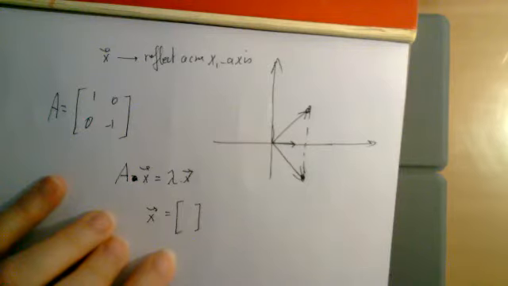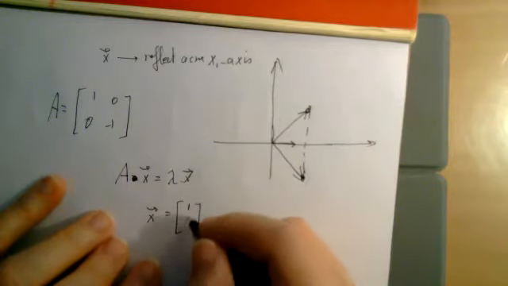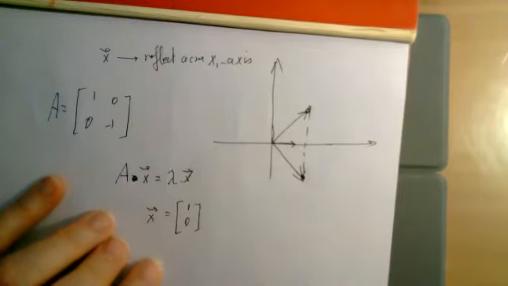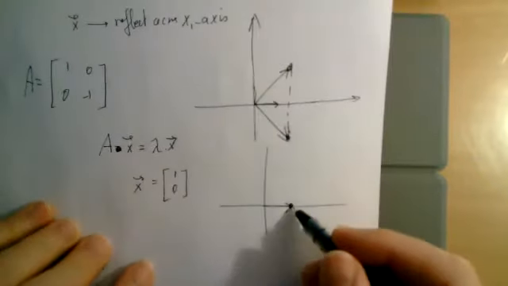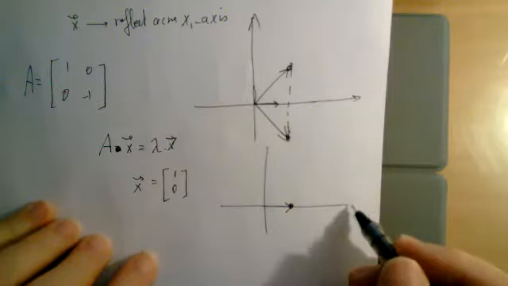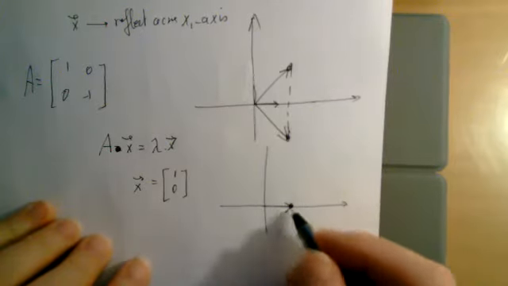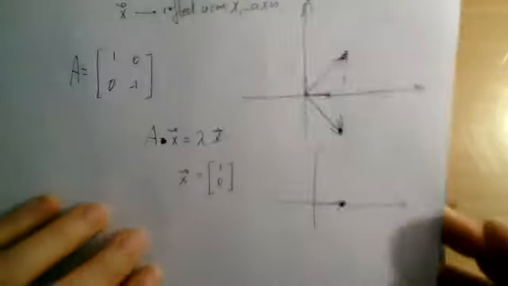Okay. Suppose I take the vector (1, 0) itself. What does A do to (1, 0)? It reflects (1, 0) with respect to the x1 axis. But reflecting it, actually nothing is going to change in this scenario.